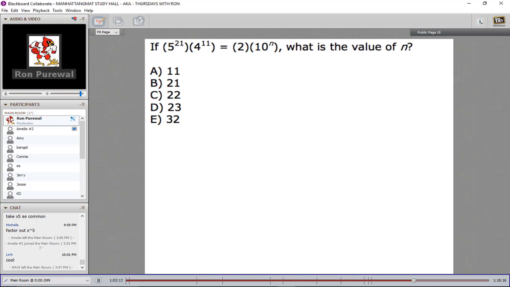If you think about this, if it's A, this makes the right-hand side into 2 times 10 to the 11. But the left-hand side is 5 to the 21 times other stuff.